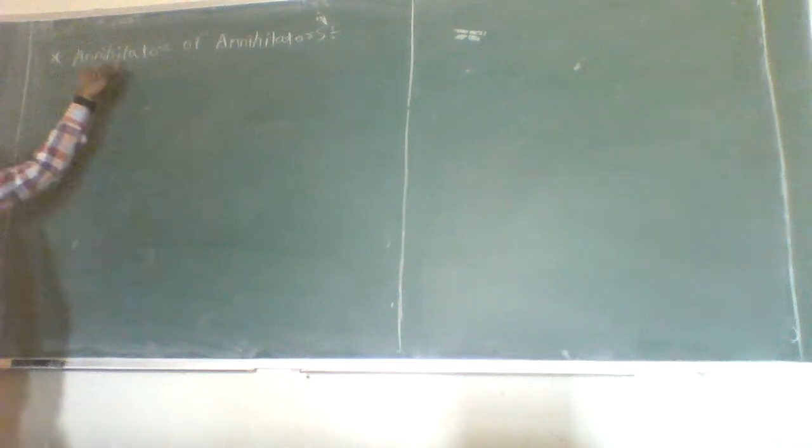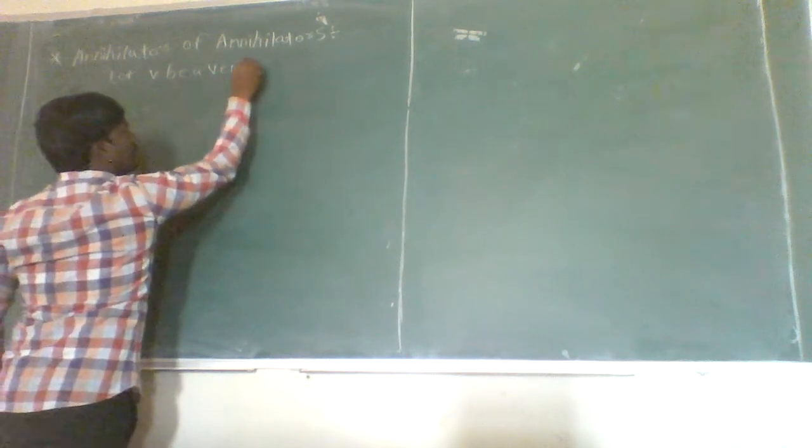So now we have to see what the annihilator of an annihilator of a set is. Now let V be a vector space over the field F.